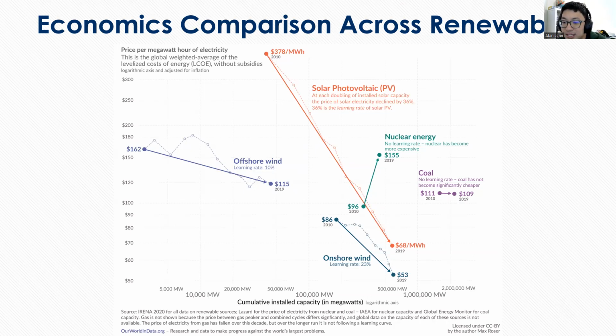And so we can see that solar photovoltaics has been dropping pretty dramatically. Wind as well, even lower than that. Whereas nuclear, right, which was cheaper, has gotten more expensive over time.